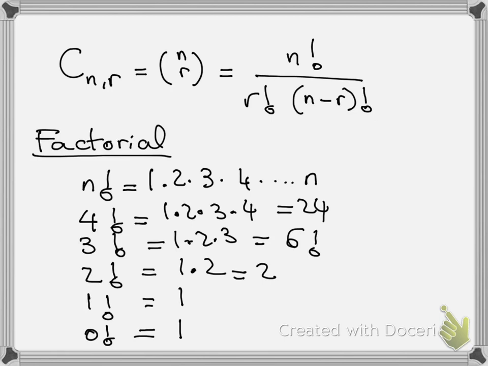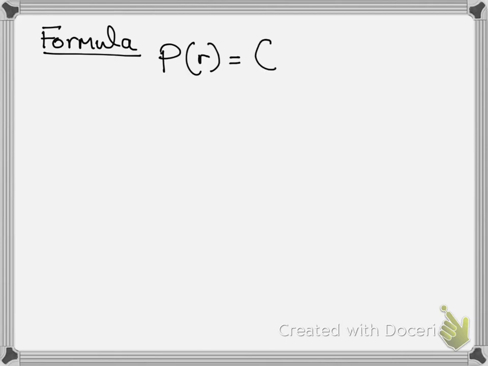Now let me write the formula again and apply it to our example with the multiple choice questions. So P of r is n choose r. To compute this n choose r, you can check your calculator. There's a symbol with the capital C and the index n r.